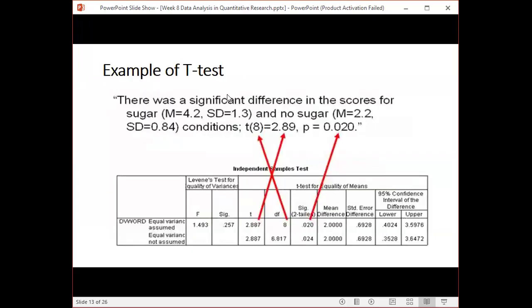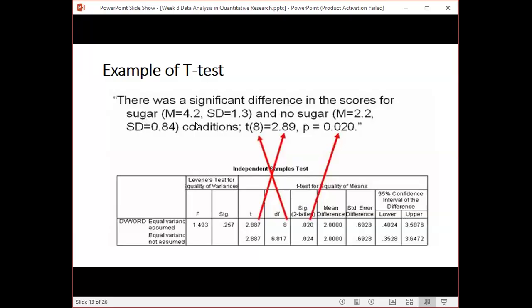So this is an example of a t-test, and this is coming from SPSS, right? So those of you who know SPSS or have used it before, here, what is being tested is whether there's a difference in the scores for sugar and no sugar.